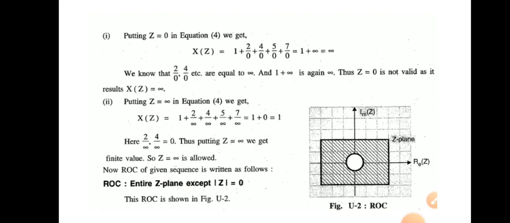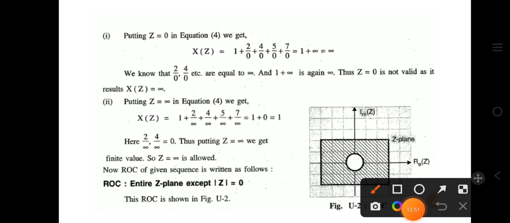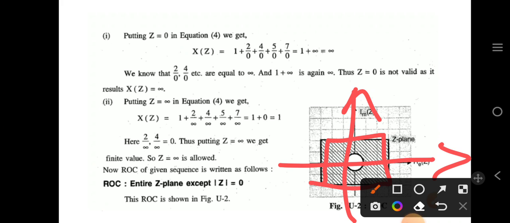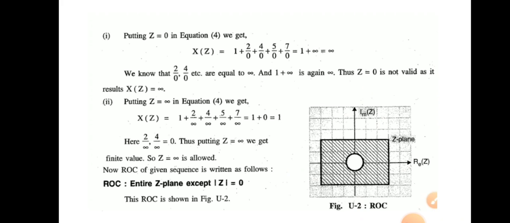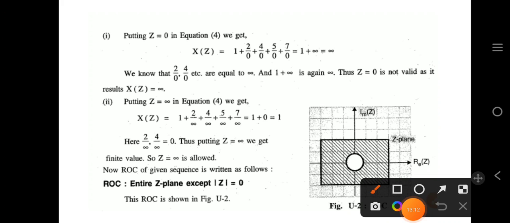Here in this figure you can see this shaded portion is nothing but the z plane. This is the imaginary axis, this is the real axis. As we know, the value is not valid when z equals 0, so except this central portion and except all the infinity portion, you can draw the ROC.